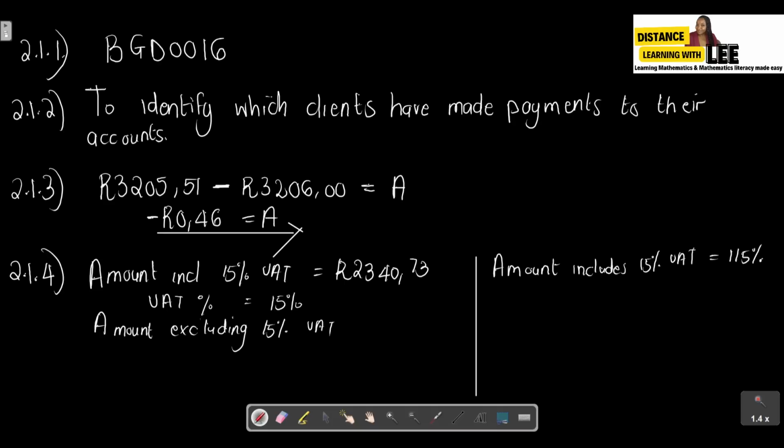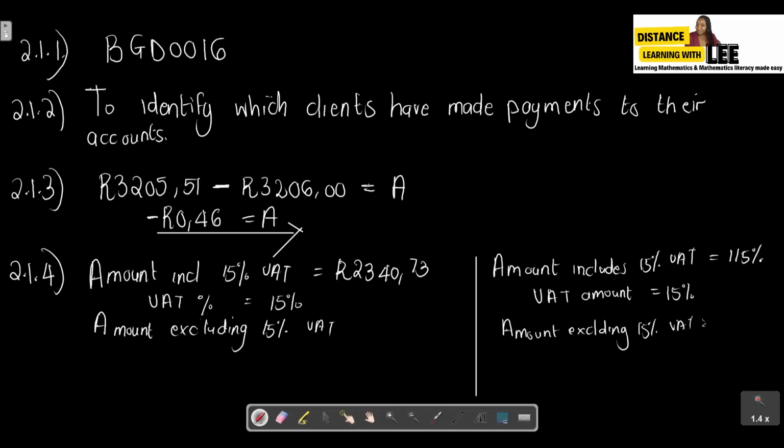We know that the VAT amount is 15%, and we want the amount excluding the 15% VAT.